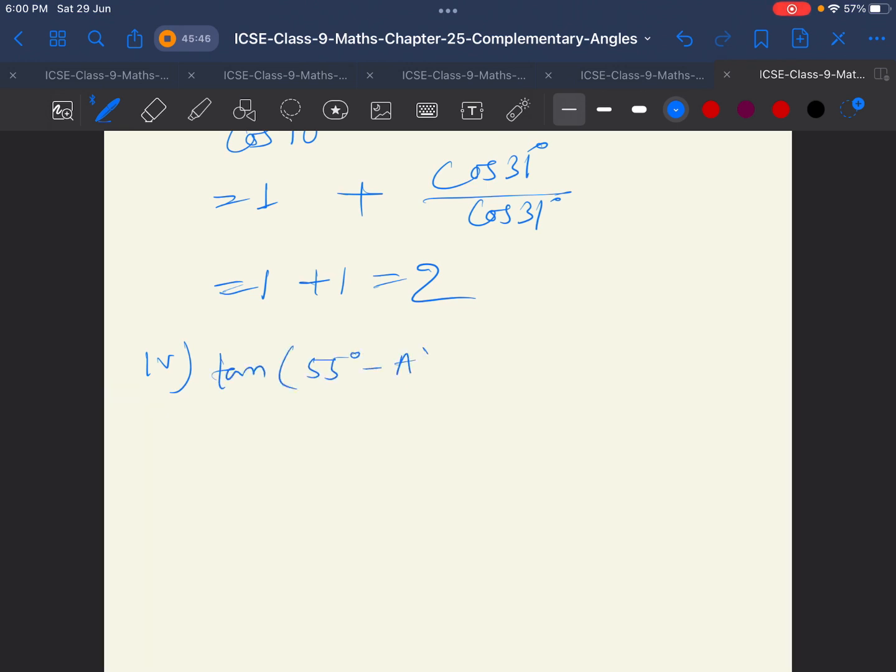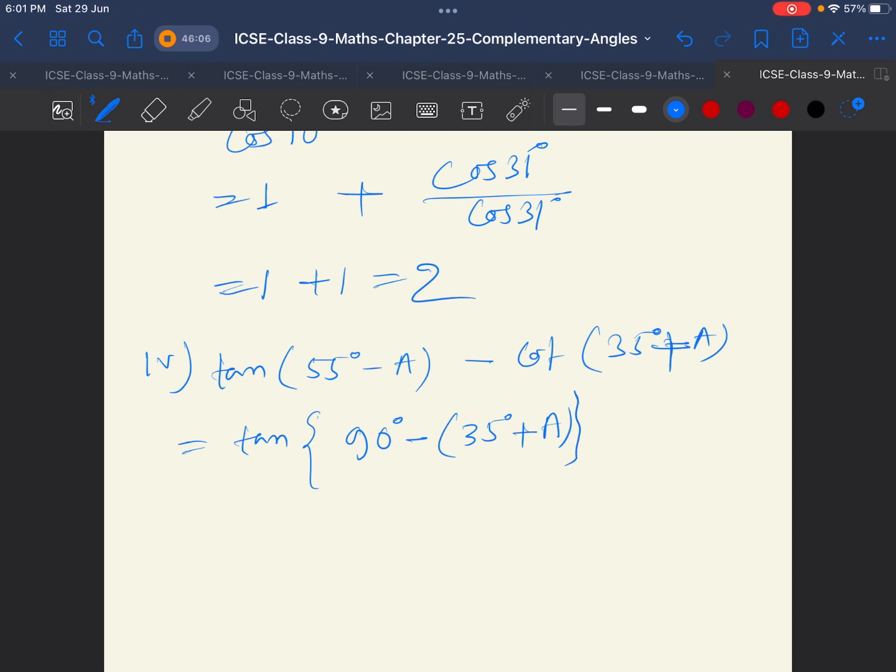Okay, now question number 4: tan (55 minus a) minus cot of (35 plus a). Here we can write tan (90 minus 35 plus a) minus cot of 35 degree plus a.